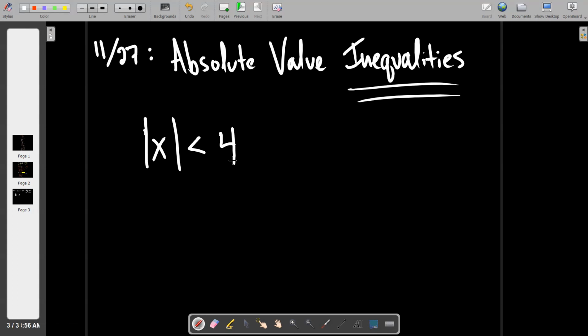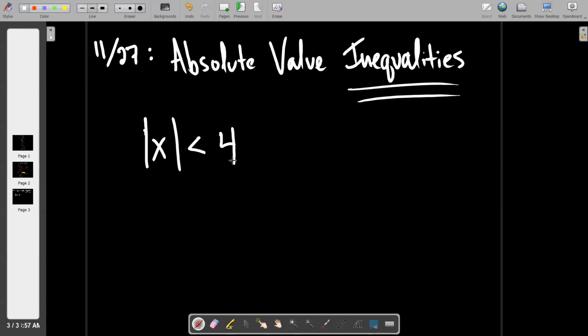We're searching for an infinitely large package or set of numbers that make something true. So what I'm asking you in this inequality is to find me a description of every single number in the universe that is closer to 0 than 4 steps.